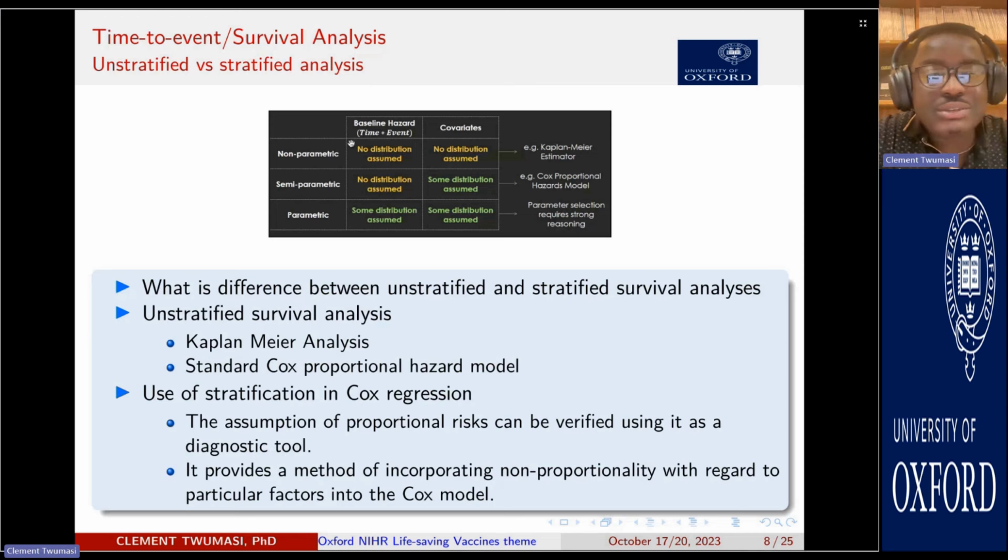There are different types of survival analysis, or basically survival models. We have the non-parametric one, which is popularly called the Kaplan-Meier survival analysis. Then we have the semi-parametric one, which is the Cox proportional hazard model, which we often use. Remember, last week we talked about parametric and non-parametric models.